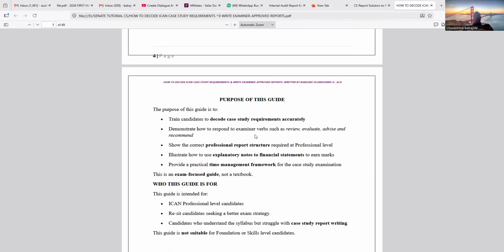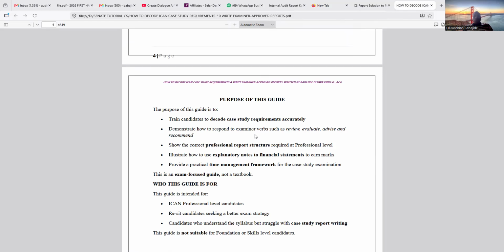There are verbs that the examiner uses, but students are not aware that it is very important to take notice of them. So I also explain what it means when you see review, evaluation, advice, or recommend, and how you will treat each one. That is all I've done in this particular guide.